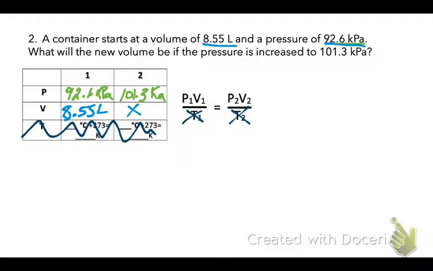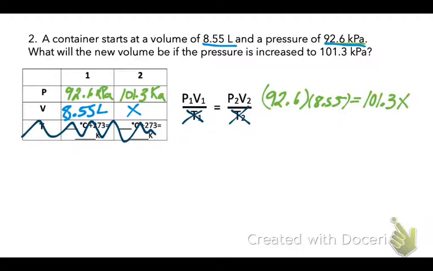So P1, 92.6 times V1, 8.55 is equal to P2, 101.3. And we do not know V2, so I'll leave that as X. So already, I'm just going to simplify this out.